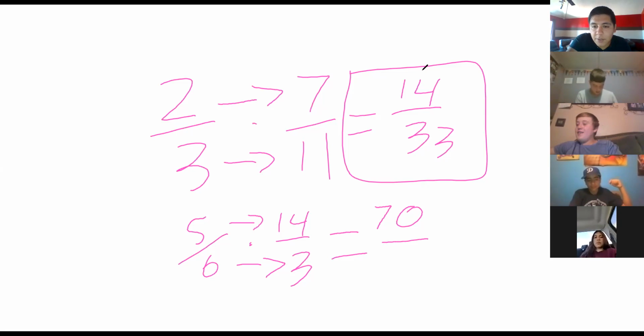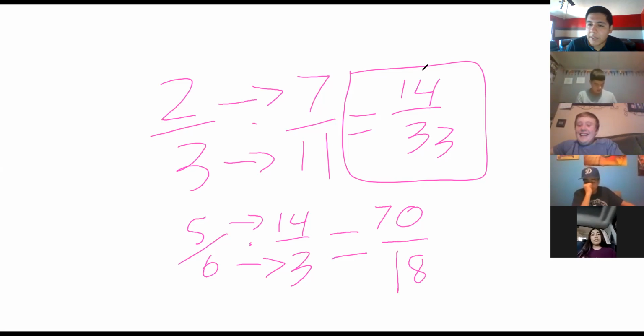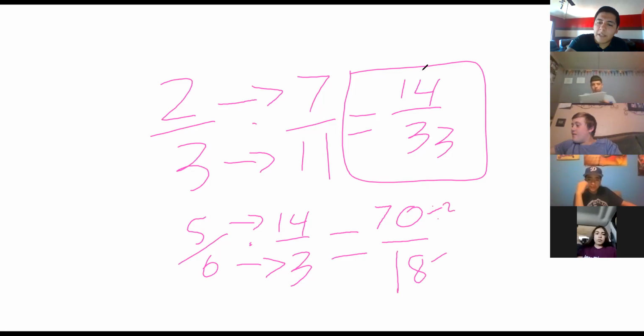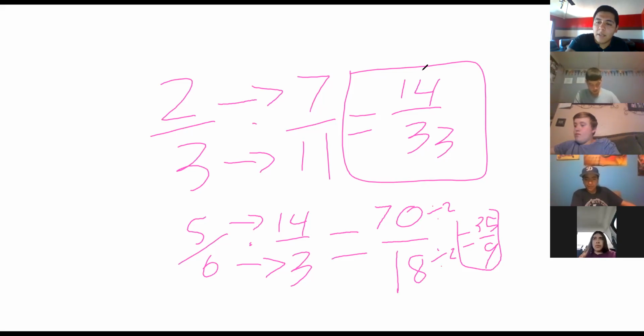And 6 times 3 is 18. Okay? So now we can actually reduce this. The common factor is 2, so we can divide both of these by 2. So it would reduce to 35 over 9. We'll talk a little bit more about reducing in a little bit, okay?